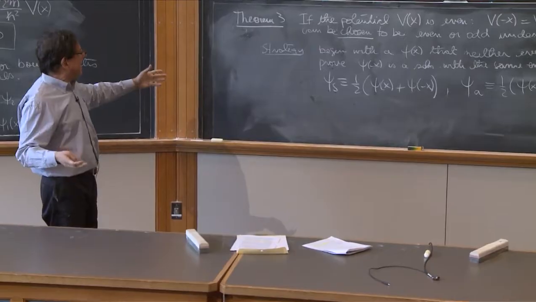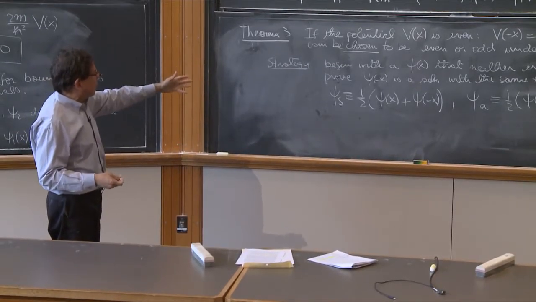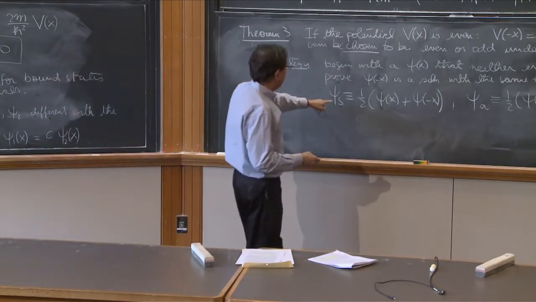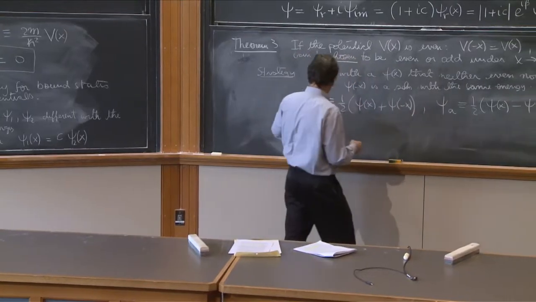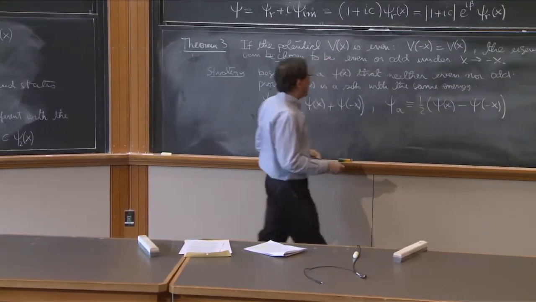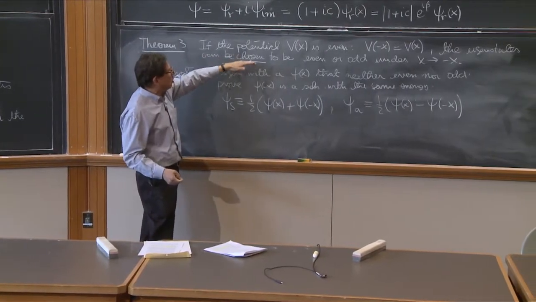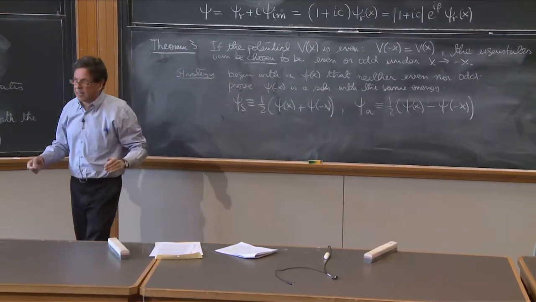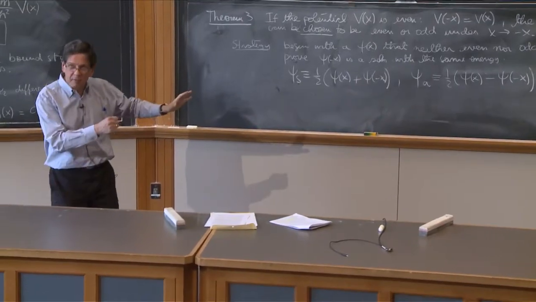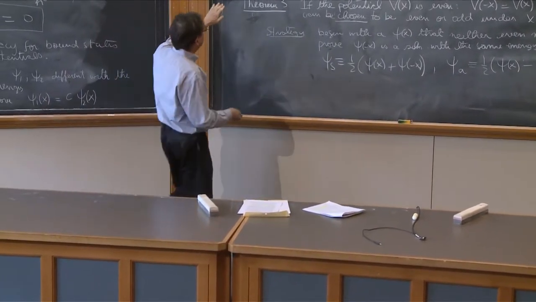So that's the end of the theorem, because then these things are even or odd and have the same energy. So the solutions can be chosen to be even or odd under x. So if you've proven this, you got it already.